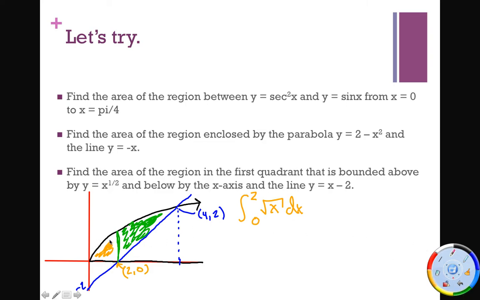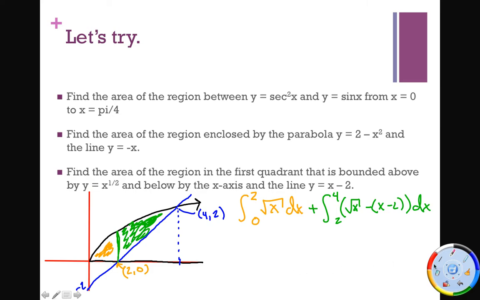And then we want to take this orange section and this green section, so we're going to add the integral from 2 to 4 of the square root of x minus the x minus 2 function dx. So this is finding the area between the square root function and the blue linear function here.